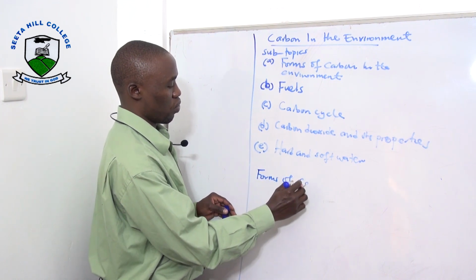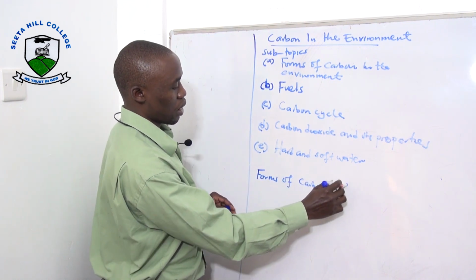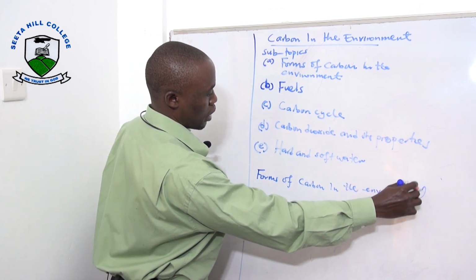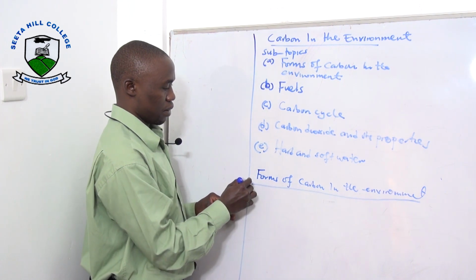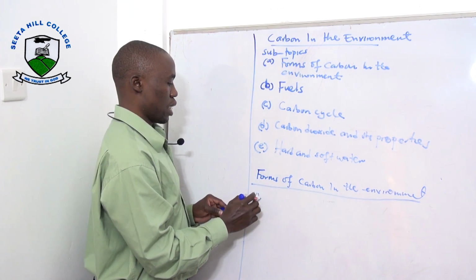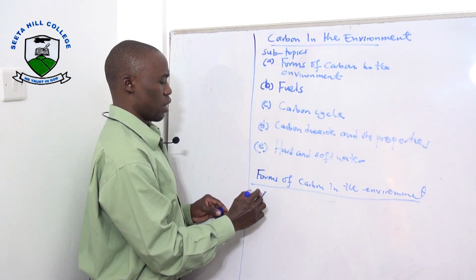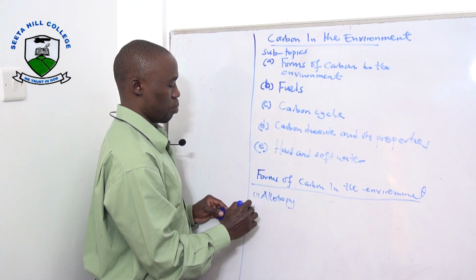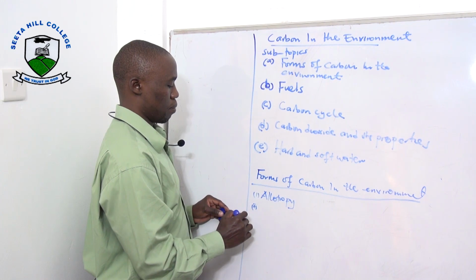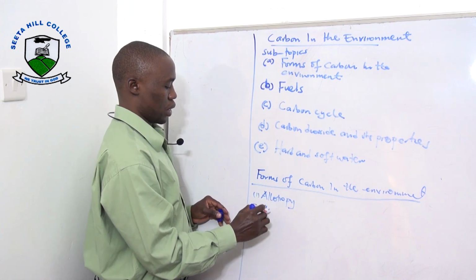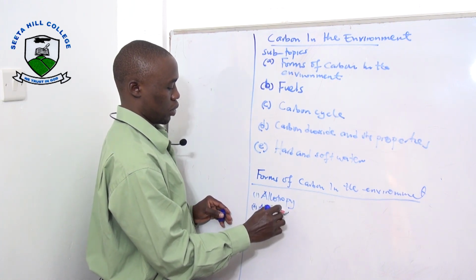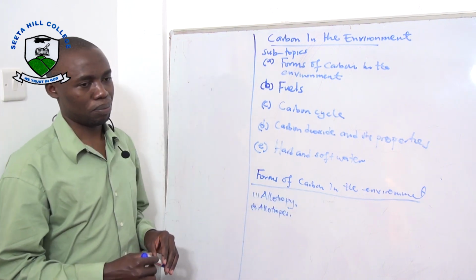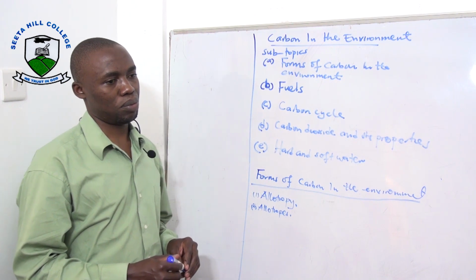Forms of carbon in the environment. And under here we are going to see the meaning of that word allotropy. Allotropes.